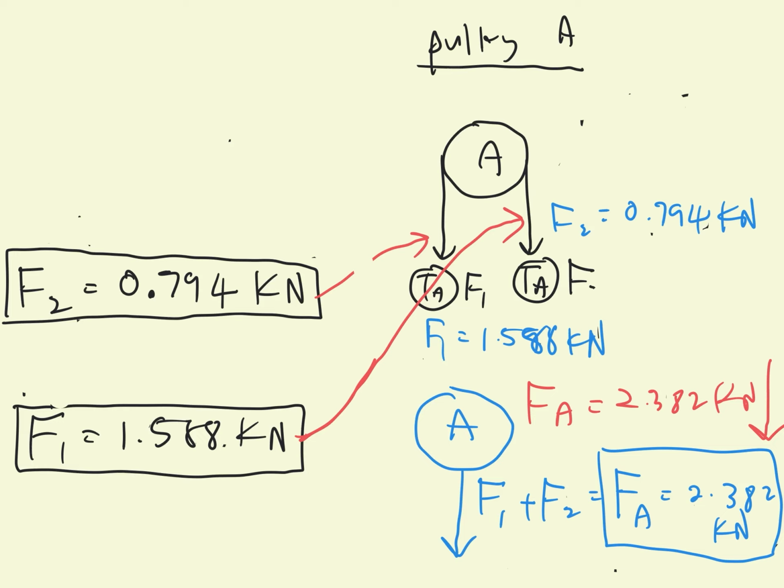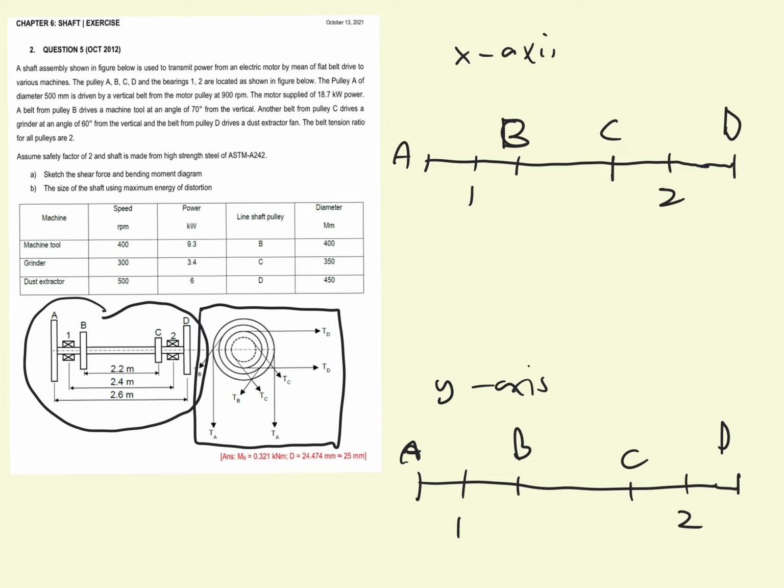So if we put the value of total force Fa on the free body diagram on the x-axis and y-axis, this force acting at pulley A only has a value for the y-axis.